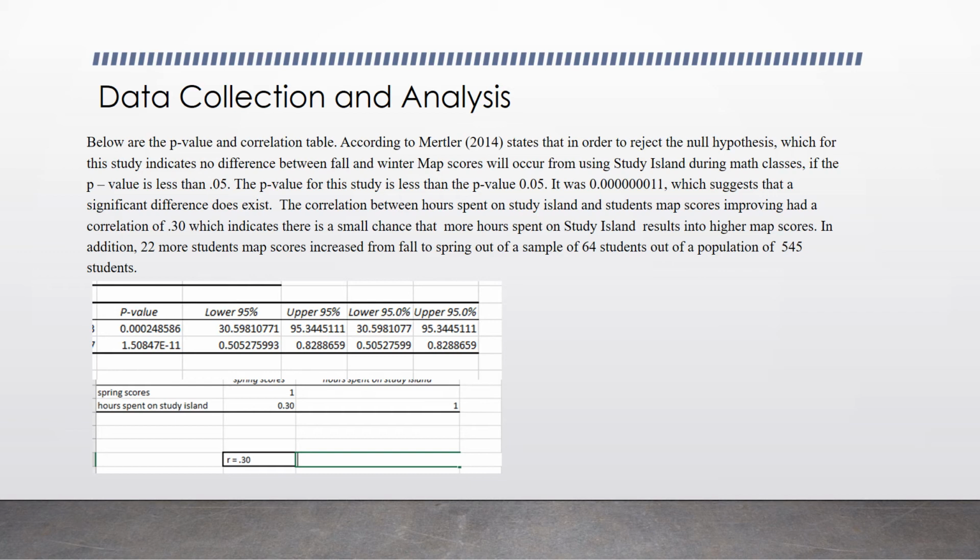And also, 22 more students scored above the median compared to fall and spring MAP scores.